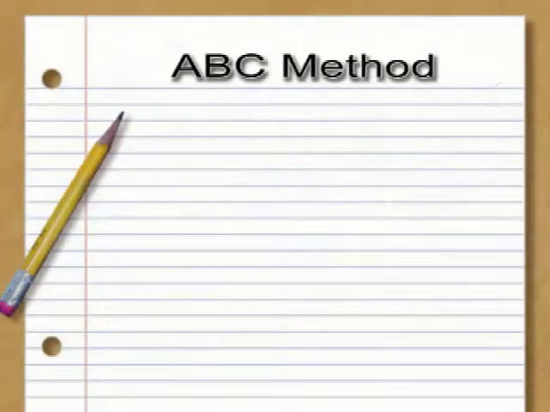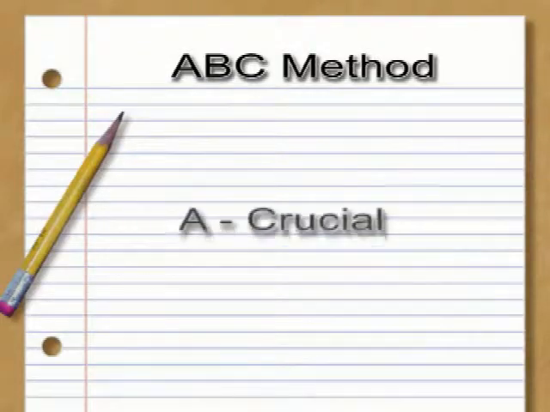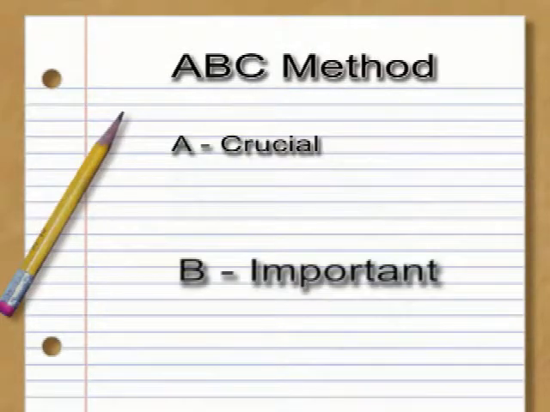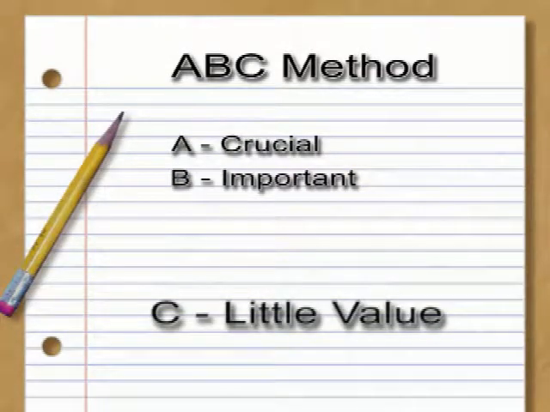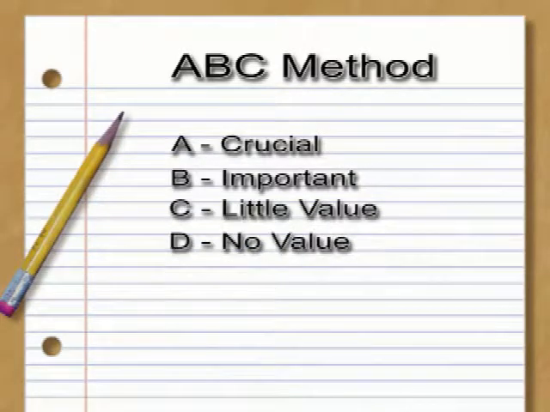So using the ABC method, the A being crucial, B being important, C being of little value, and D being of no value. So if you've never used the ABC prioritization method before, you're literally going to go through all the activities that you've chosen to do, not the ones you've chosen to delegate. This is the list that you are going to have to get through.